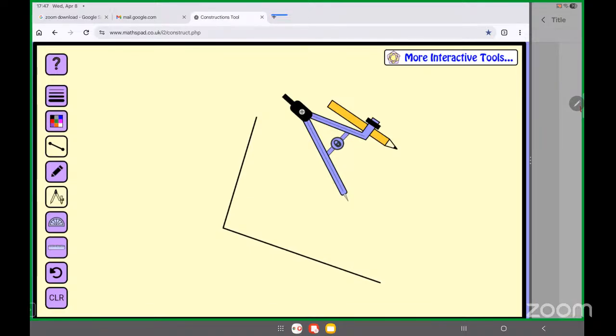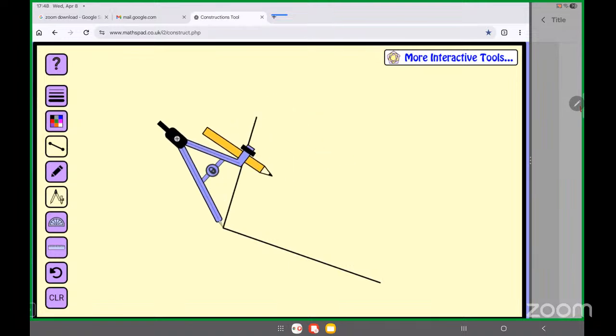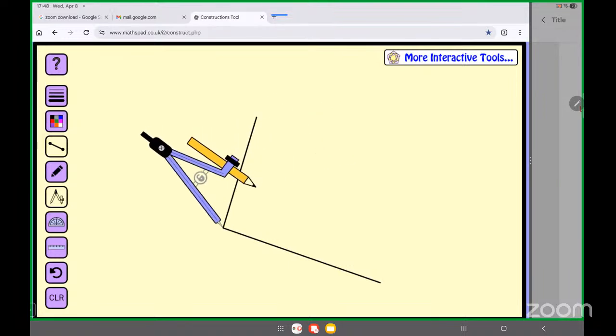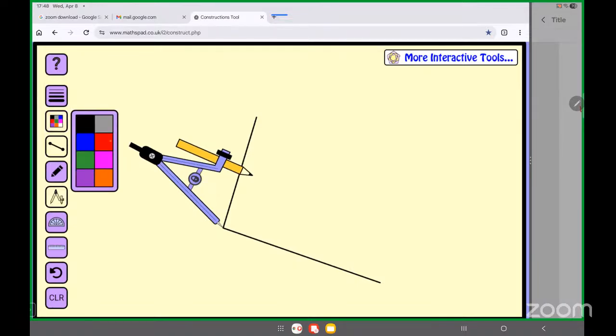So come to here, open the compass to a reasonable length. Don't want it too long, you don't want it too narrow, a reasonable length, so it's comfortable. You lock it, you change the pencil color to red, and then you make that arc. So you're making the arc of the angle like this.